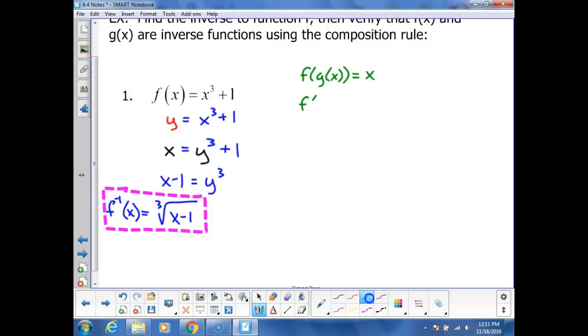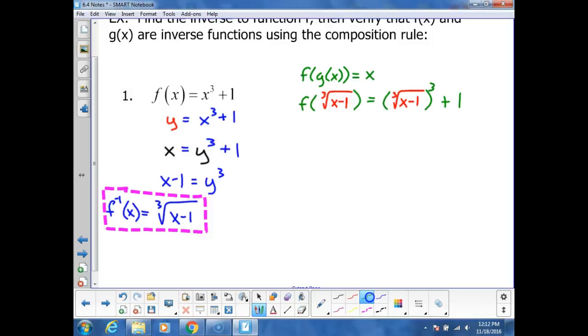So that's f of my inverse, which was the cube root of x minus 1. Well, that's going to be the cube root of x minus 1, cubed, plus 1.